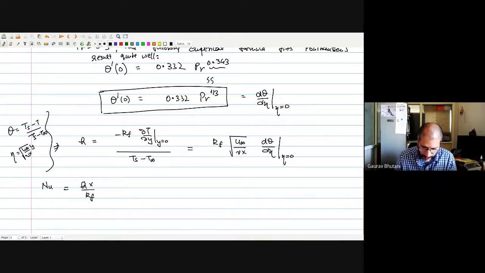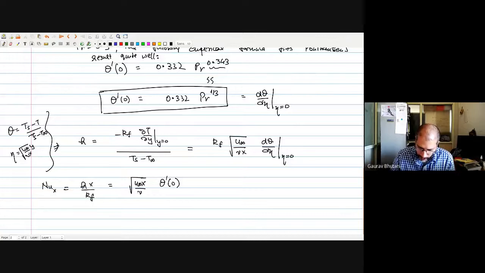This is the h at some distance x on the plate, so we write this as Nusselt number with the subscript x, that means the local Nusselt number. If I do that, that gives us an x on the top and nu, and then you have your theta prime at 0.